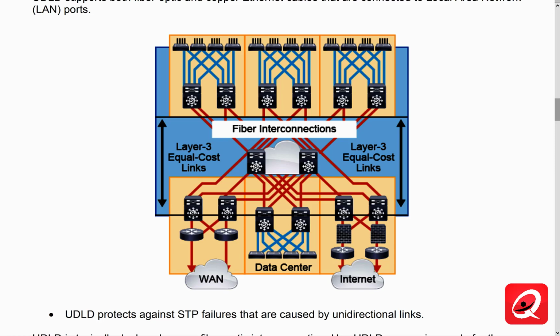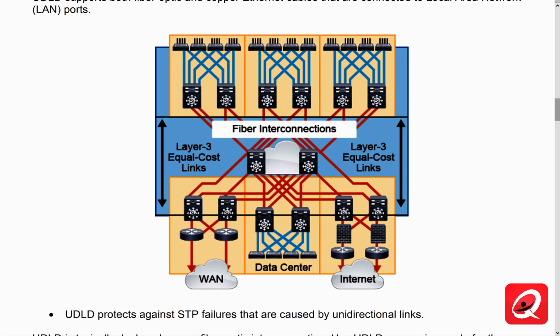It's very easy with fiber because we have separate physical ports for transmit and receive. Maybe the transceiver on one side goes bad, or maybe half the cable is damaged or whatever. But the likelihood that your copper cable is going to get damaged to the point where the transmit path works, but the receive path doesn't work, is highly unlikely.